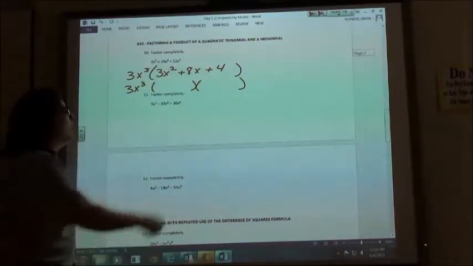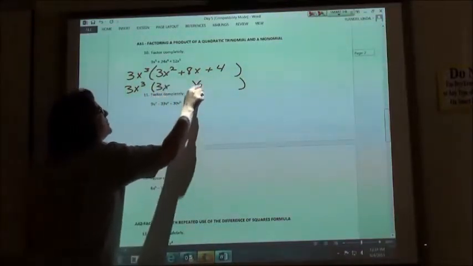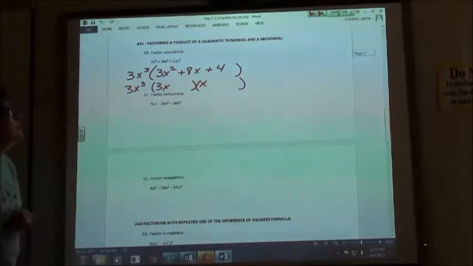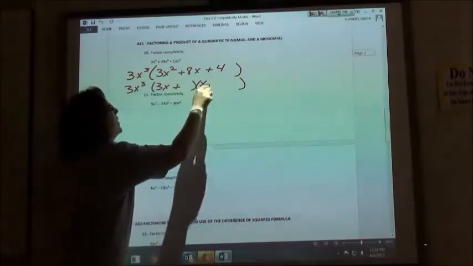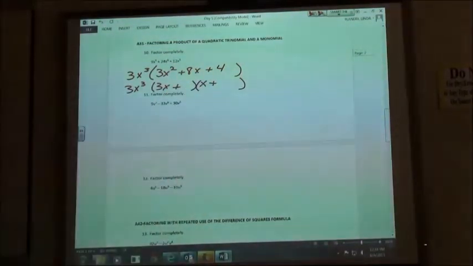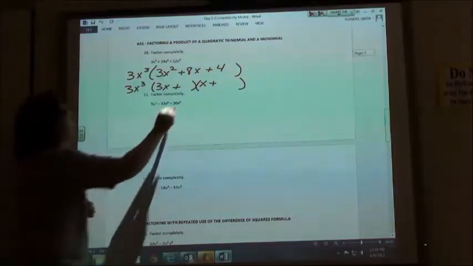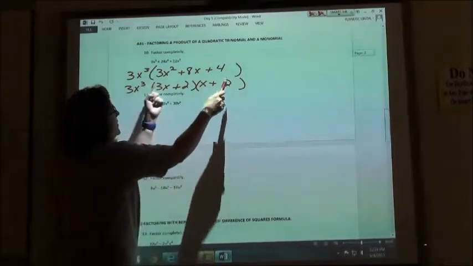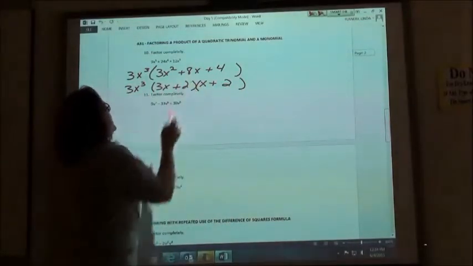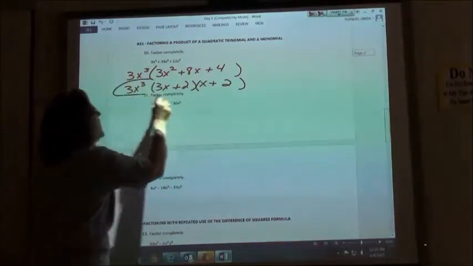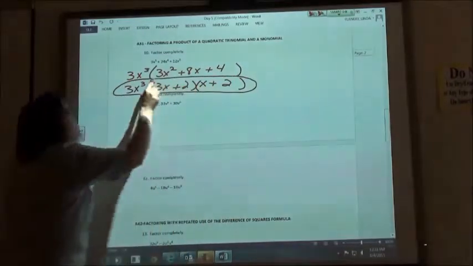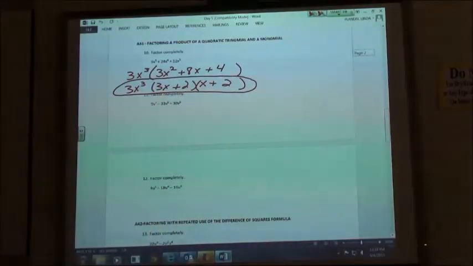Factors of 3x squared, 3x and x, my signs, both pluses. And my factors of 4, that when I FOIL it out, I get 8 in the middle. 2 and 2. 6x plus 2x is 8x in the middle. So all of that is going to go in the 3x cubed in front times 3x plus 2 times x plus 2.